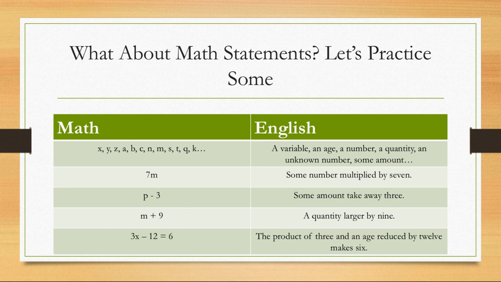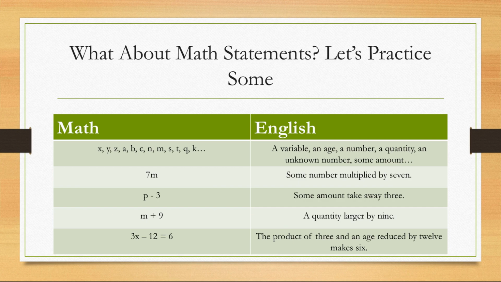So we write that in, and that is the math equation that we have, and the English sentence that is its equivalent. And finally, we have that last scary looking equation, but it's not too scary once we put it into English terms. We've got the product of 3 and an age. Again, we don't know what the age is, I'm just using this particular example to represent an unknown.